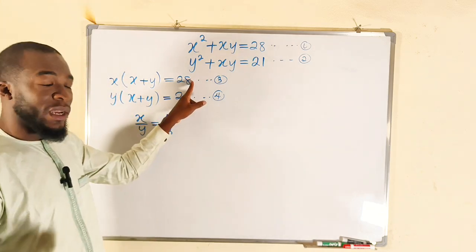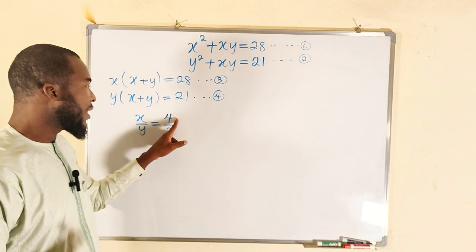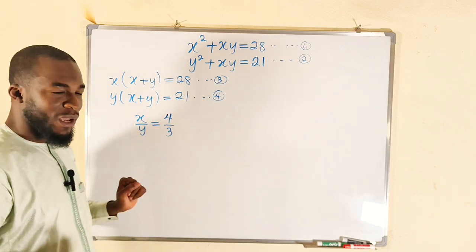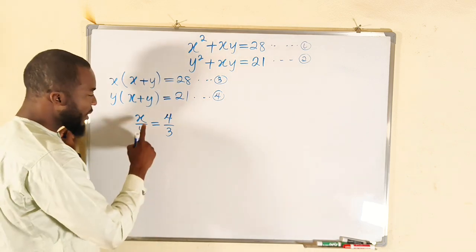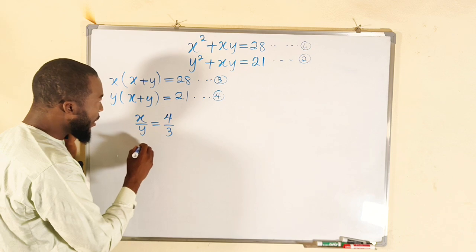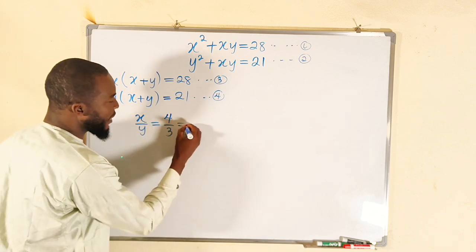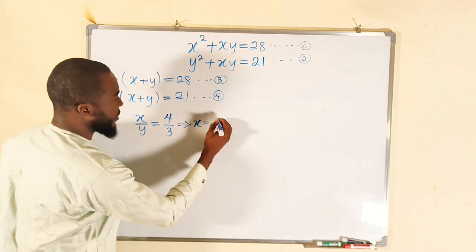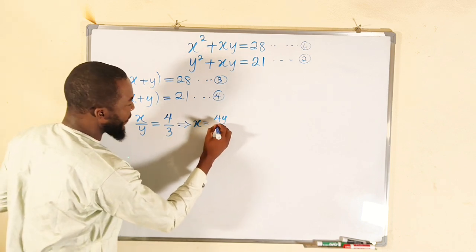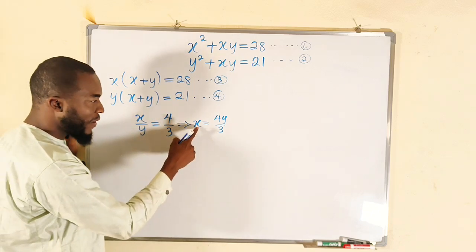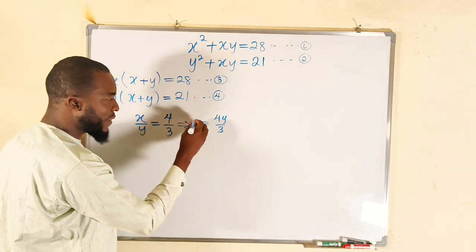Because 7 can divide 28 exactly 4 times, and 7 can divide 21 exactly 3 times. Can you see that? From here, we can multiply both sides by y, such that x equals 4y divided by 3.